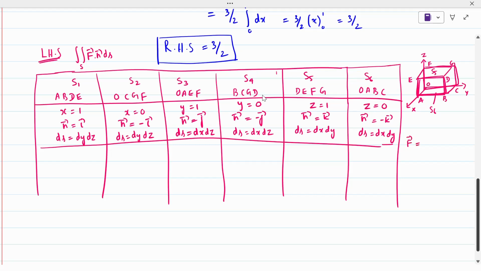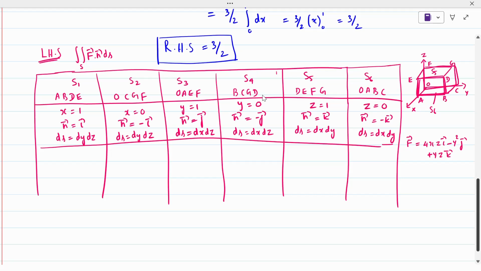The f vector given in the question is nothing but 4xz i vector, I will write again so that I do not make a mistake. So 4xz i vector minus y squared j vector plus yz k vector, as given in the question. Okay.